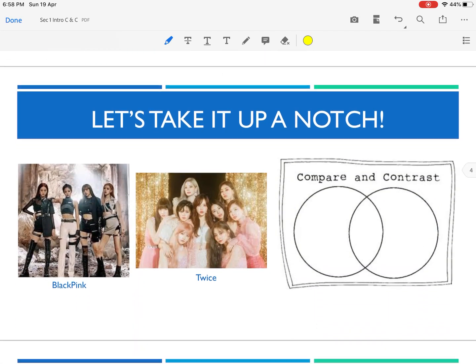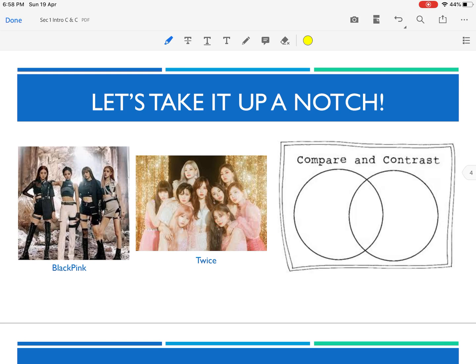If I show you another compare and contrast, okay, this time round, Blackpink versus Twice. Don't tell me whether the similarities is you like or you don't like them. Okay, but look at it carefully, just the pictures. Firstly, the similarities, I think the obvious one is that they are K-pop girl groups. Okay, or you can just say that they are K-pop groups, K-pop bands.